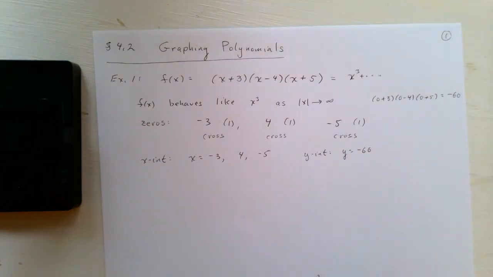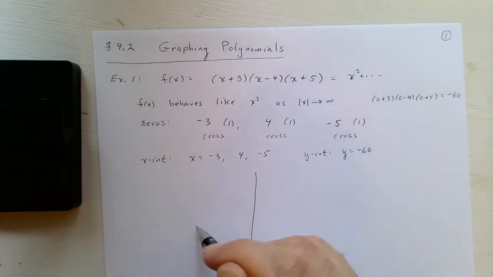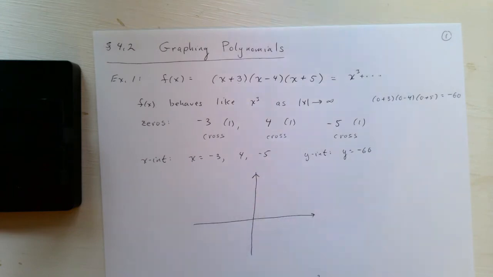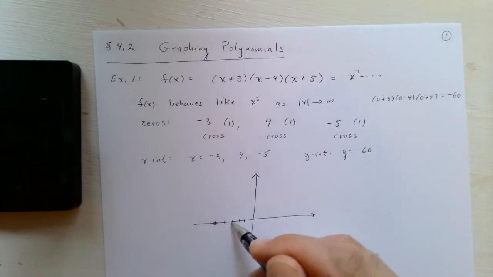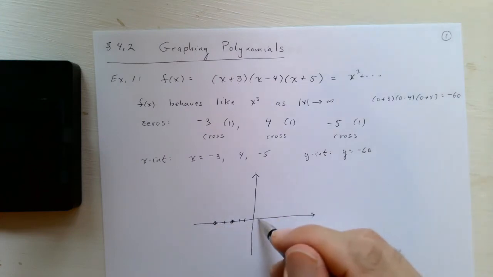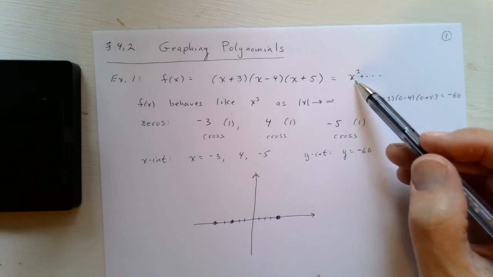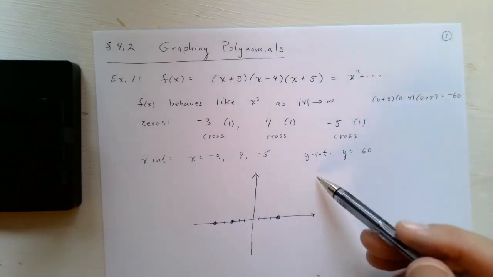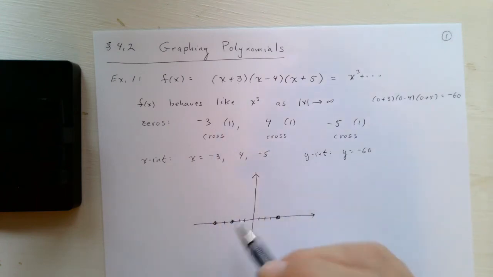All right. Then we can put all this together and plot the x-intercepts first. So here's negative 5, negative 3, and positive 4. And because the graph is behaving like x cubed, remember that starts down here, it ends up here, and we're crossing at each x-intercept.